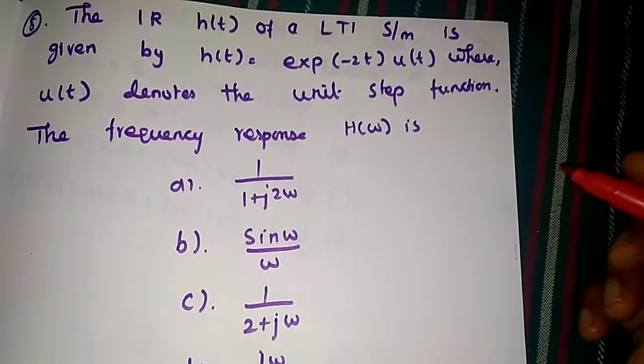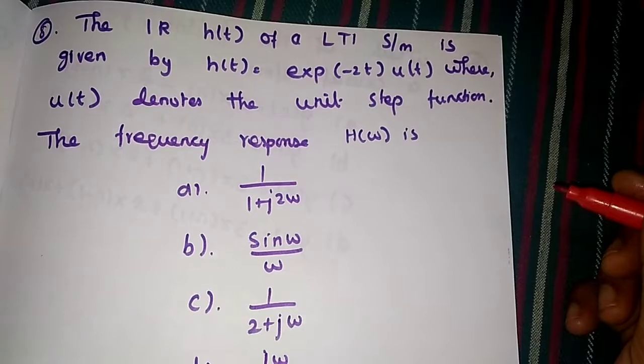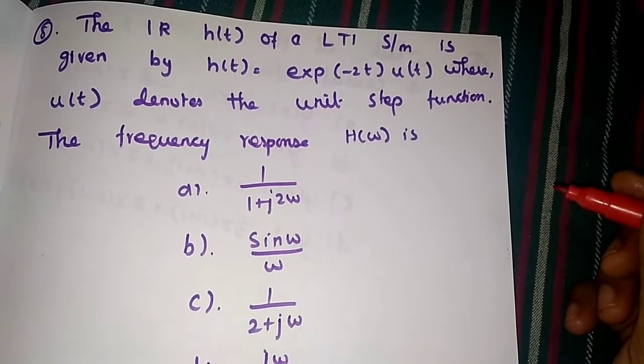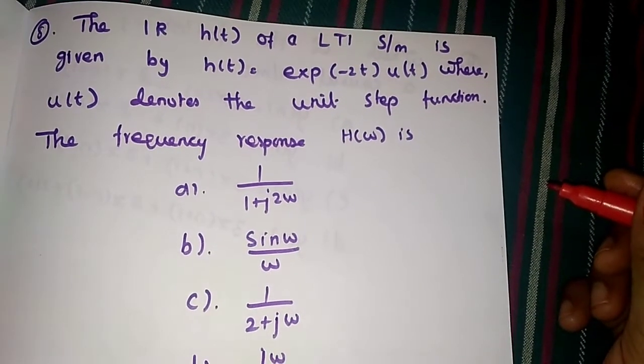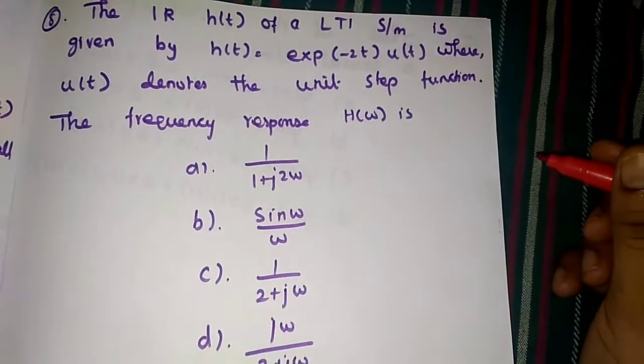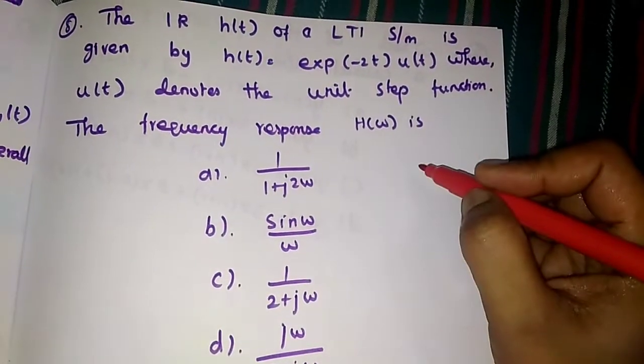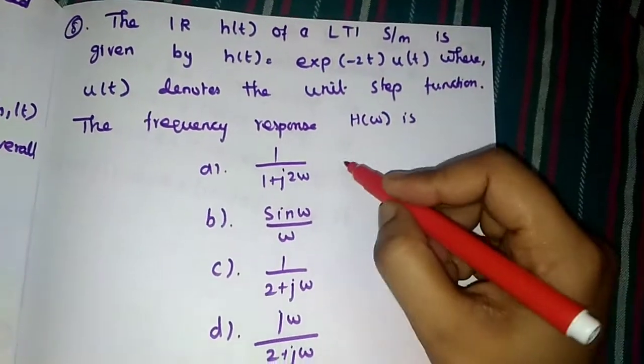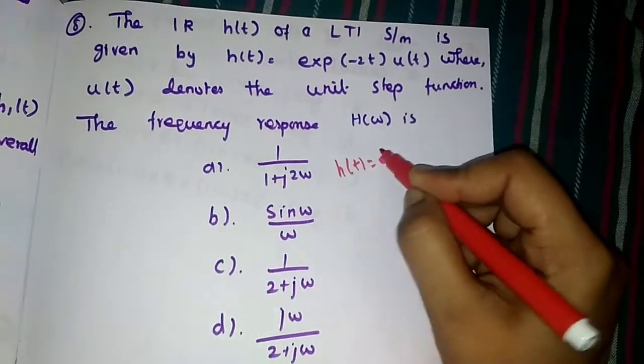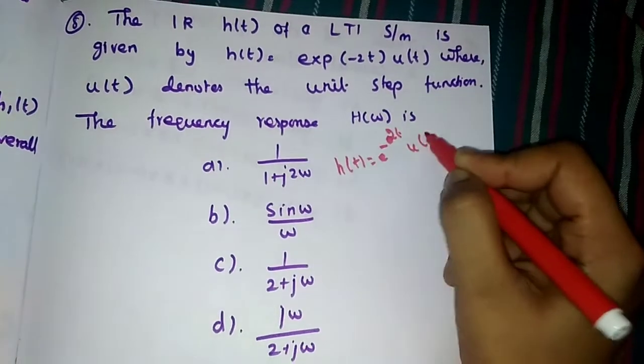Next question, the impulse response h(t) of an LTI system is given by h(t) equal to e power minus 2t u(t), where u(t) denotes the unit step function. The frequency response H(omega) is? So here h(t) is e power minus 2t u(t).